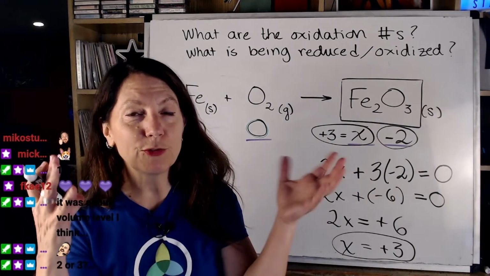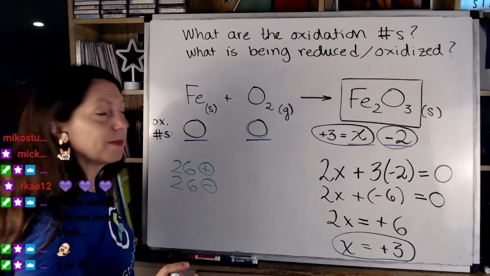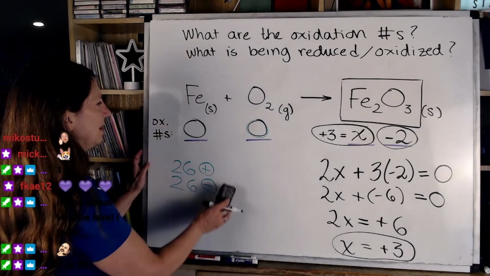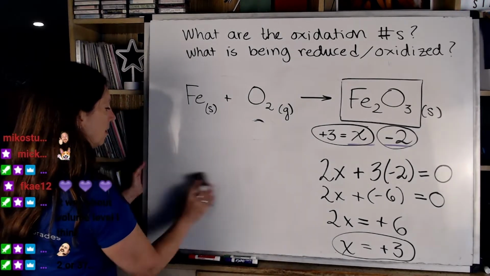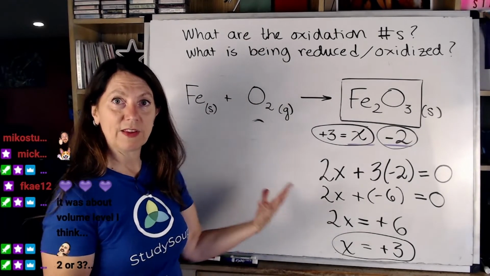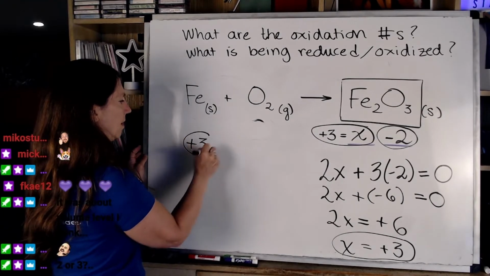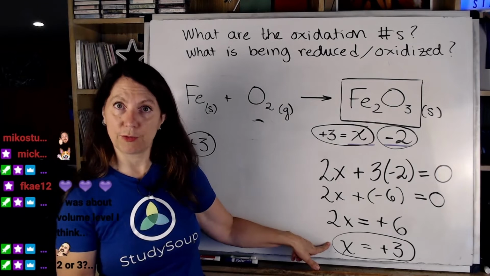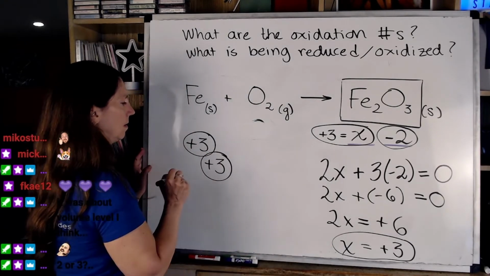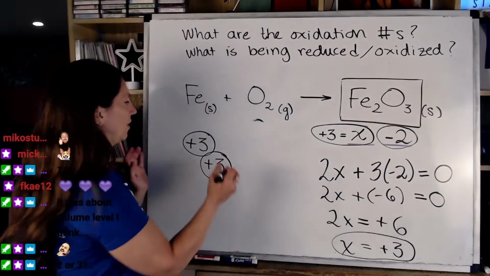Sometimes visualizing it helps too. So let's do a little visual representation of this whole idea here. That we've got 2 of these iron ions that we just figured out are +3. We've got 2 of them. And then we have 3 of these oxygens that are -2.